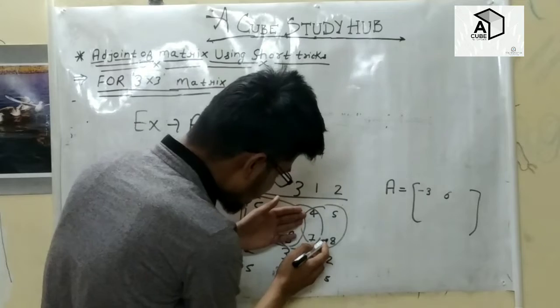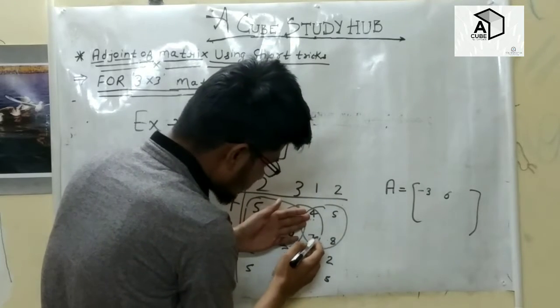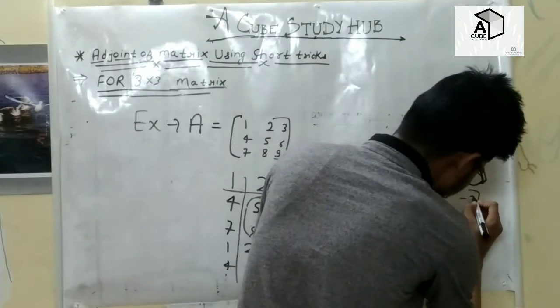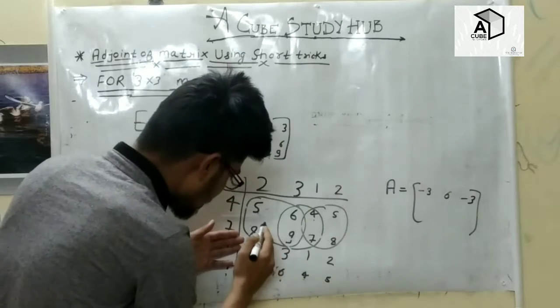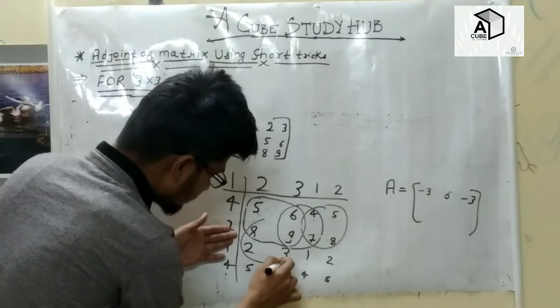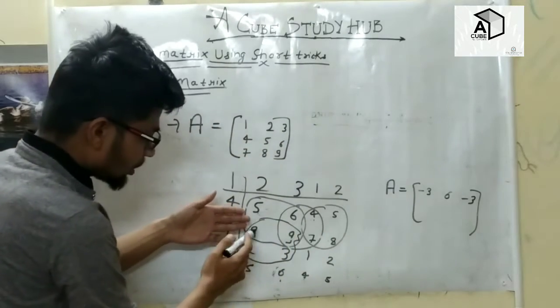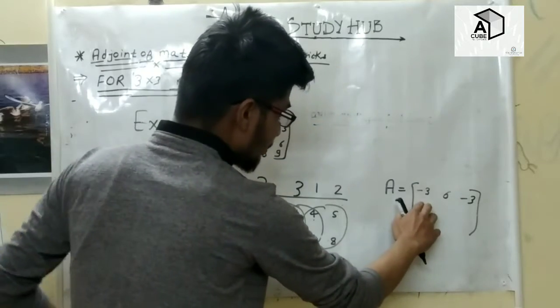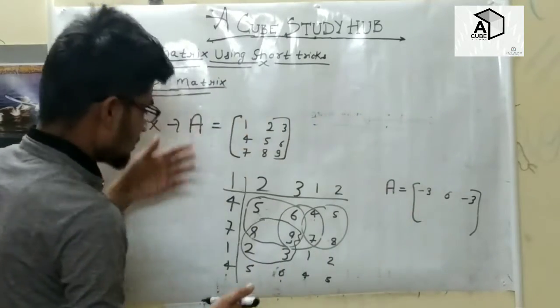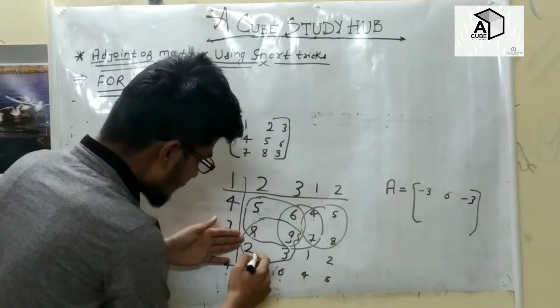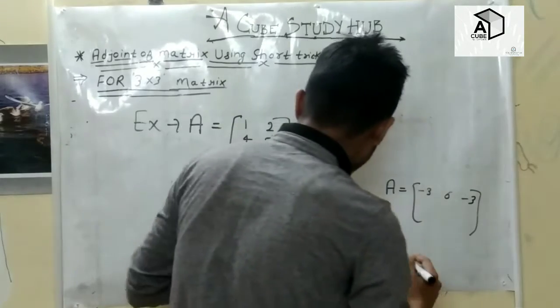So 8 into 4 minus 7 into 5 gives minus 3. Similarly, here we will take this matrix and find the determinant for position A21 in the cofactor. So 8 into 3 minus 2 into 9 gives 6.